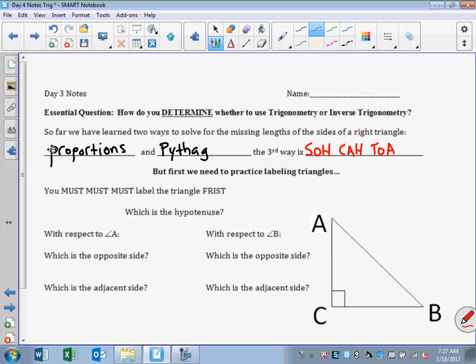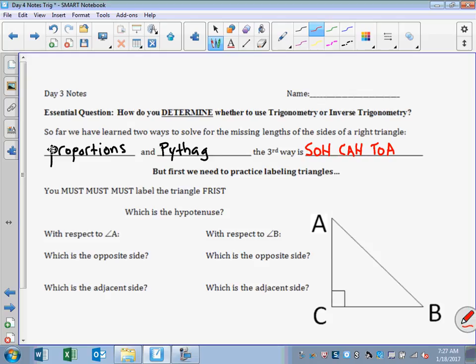The S stands for sine, O is opposite side, H is hypotenuse. The C stands for cosine, A is the adjacent side, H is the hypotenuse again. And then T is tangent, O is opposite side, and A is adjacent side. That should make a little bit more sense in a minute. So we're going to use SOHCAHTOA when we're talking about right triangles.